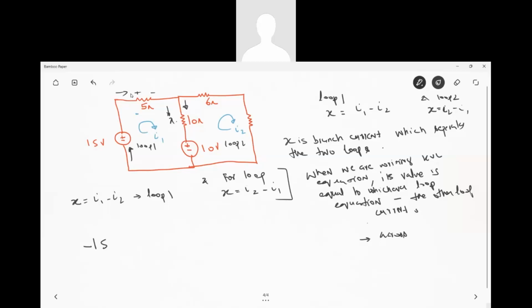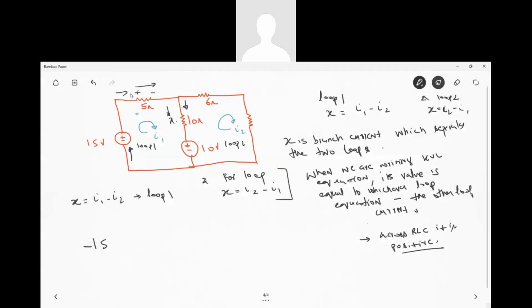Why is it positive? Because the current direction is this, and the polarity is also established by this plus minus, so it is always entering via the positive only. Here also the polarity is like this, plus minus, and it is entering like this. So it would be minus 15. You only have to take care when you are checking for the voltage source. Here it became minus 15. Come on, tell me then.